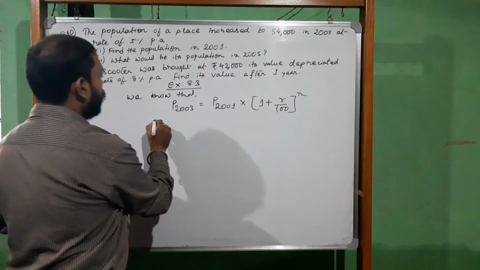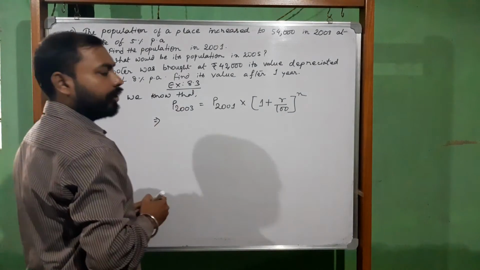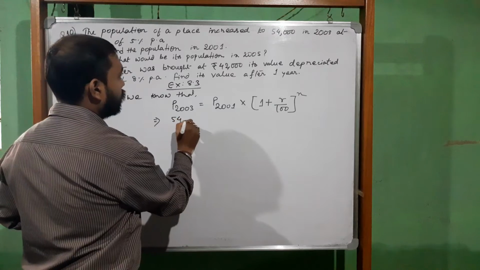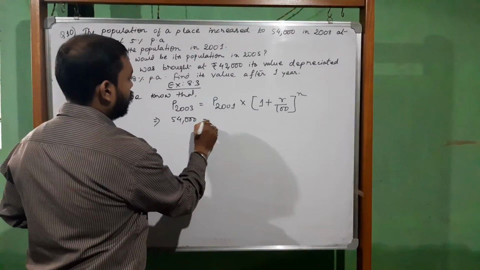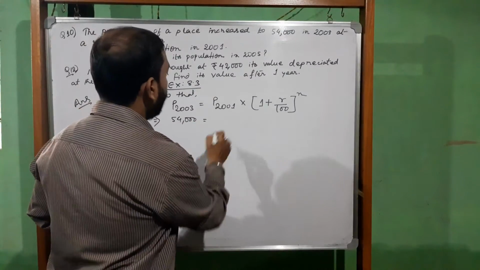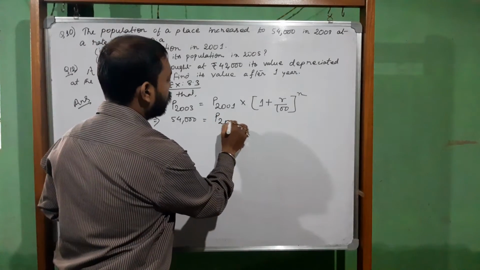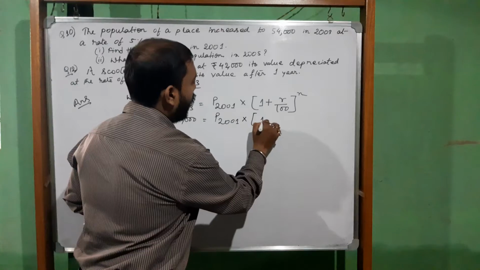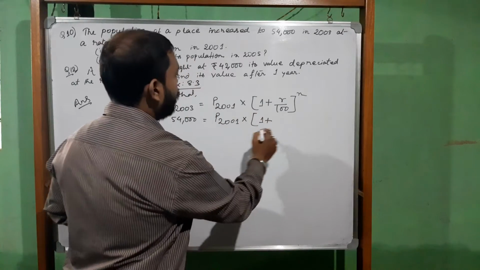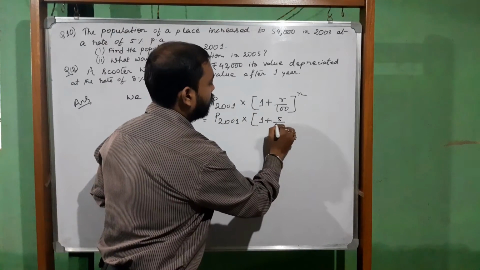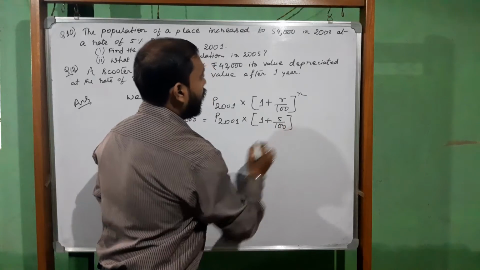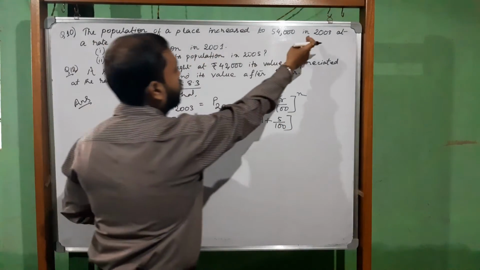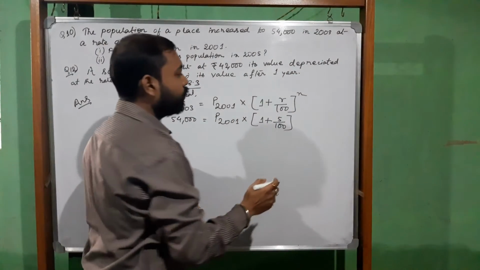So population 2003 is 54,000. Population 2001 we have to find out, into 1 plus R, it is given 5%, by 100, and you can see 2001 is to be found and 2003 is given, so time is 2 years.